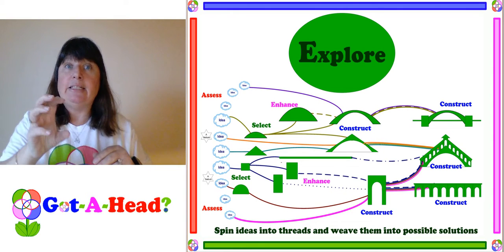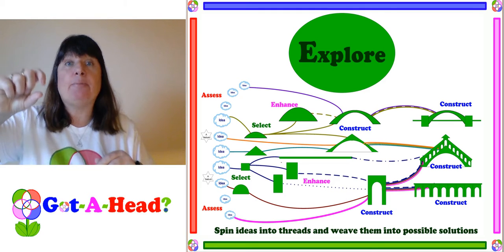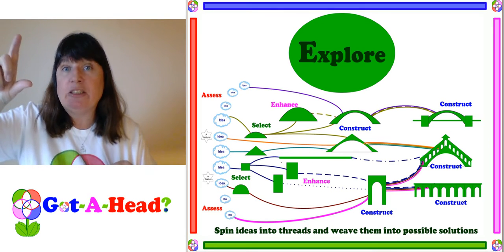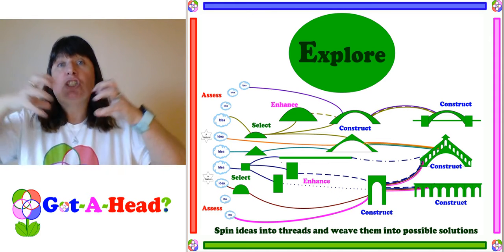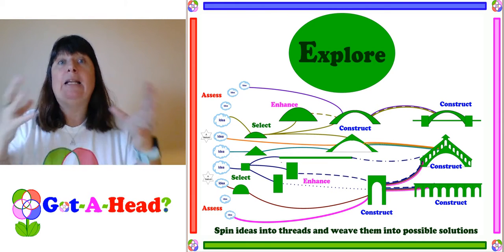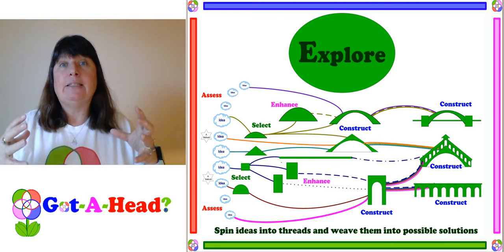You take ideas that you enhance by making them better, by making them more interesting, more novel or imaginative, or by getting rid of the problems. Or you can construct something completely new by adding two or three or more ideas together.